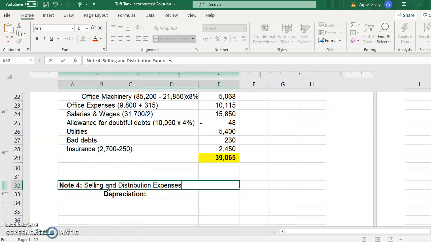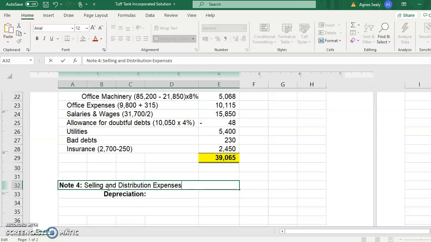Also, we said depreciation on vehicles such as delivery vehicles, and advertising or promotion expenses, and in some cases if utilities are associated with the selling and distribution of the product, sometimes some utilities will fall under this area as well.